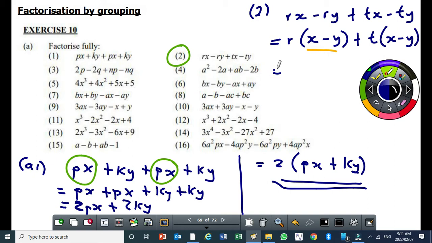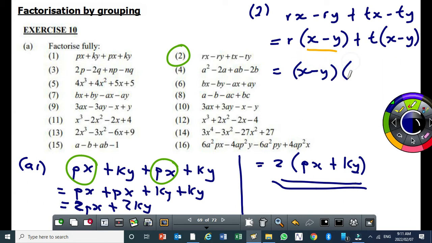Right? So this becomes (x minus y) taking out the common factor, times (r plus t). Okay, I expect you by now to know this. Okay, in this class, I don't expect you to have issues with factorization by a common factor. Right? So that's number 2.